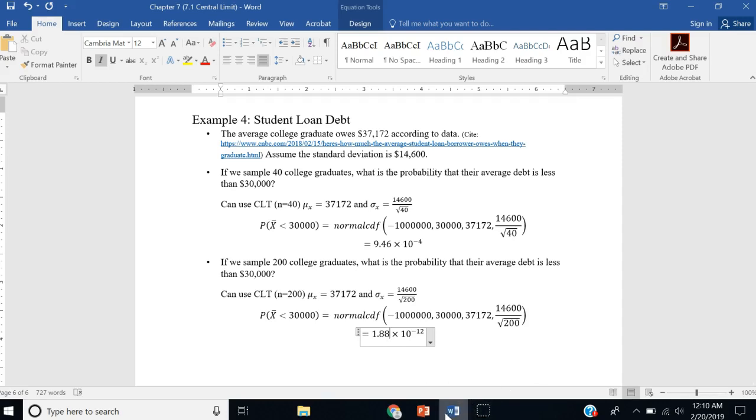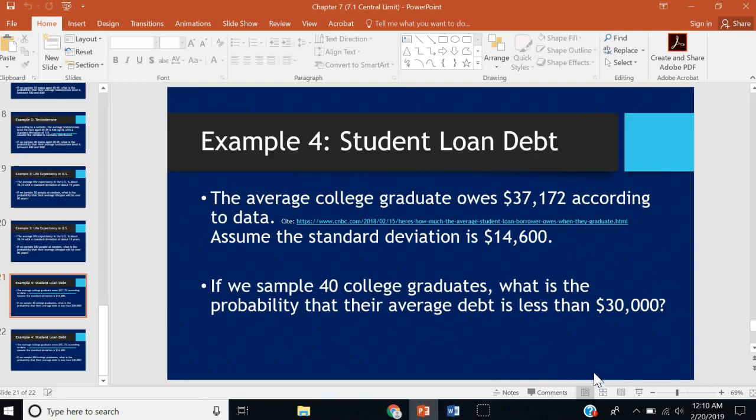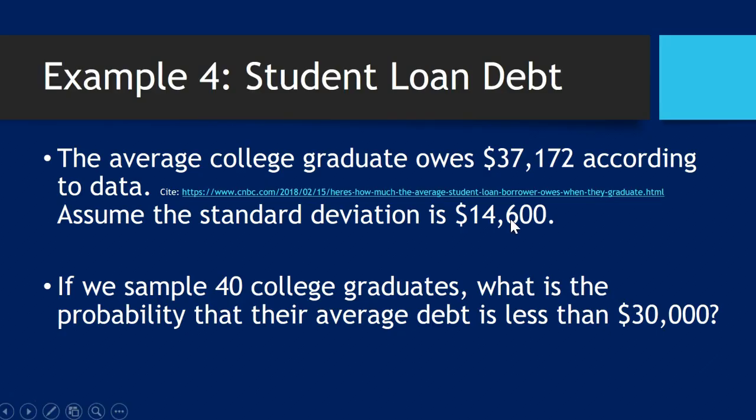And we know samples, as long as they're big enough, their averages are going to have a normal shape. So I can use the normal distribution to understand probabilities of sample averages.